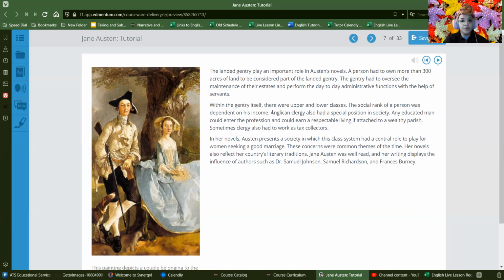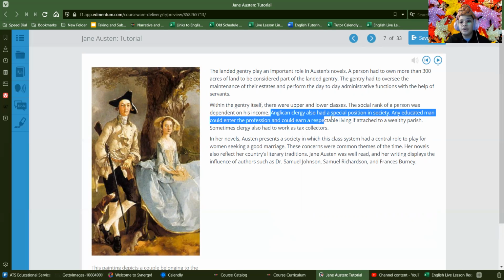This is related to the clergy. Whenever you see the word clergy, you should think church. A member of the clergy is a member of a church. In this case, it's specifically the Catholic Church, which had a big influence over England. Now, Anglican clergy had a special position in society, and any educated man, so if you went to school and graduated, could enter the profession and earn a respectable living if attached to a wealthy parish.